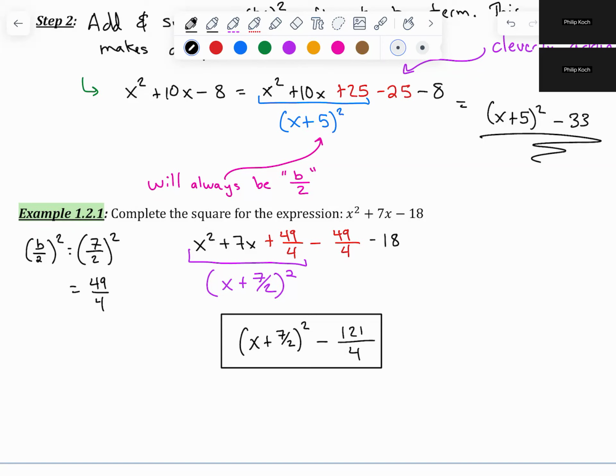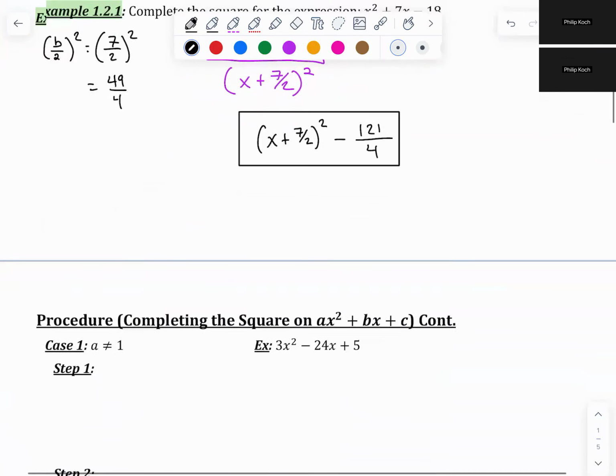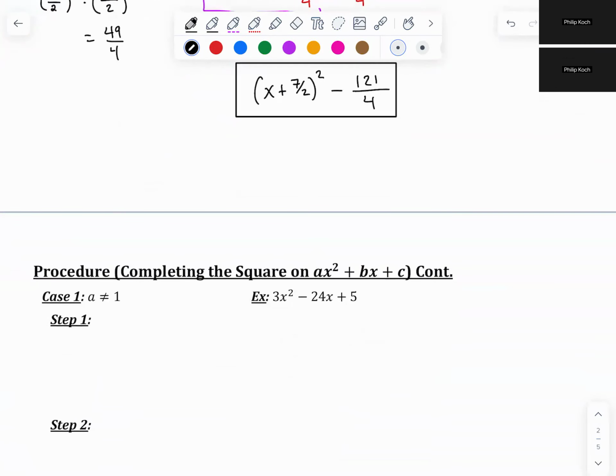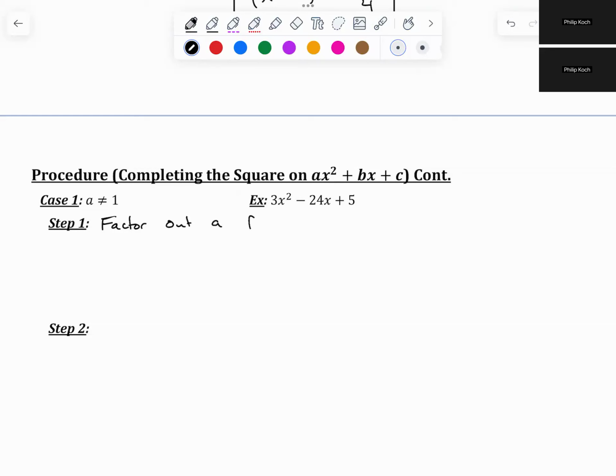All right. But what if the coefficient isn't 1? What if the coefficient is something like negative 7 or 33? What do we do then? So that's the next case. Step 1 is to get it into case 1. So step 1 is going to be factor out A from the first 2 terms.